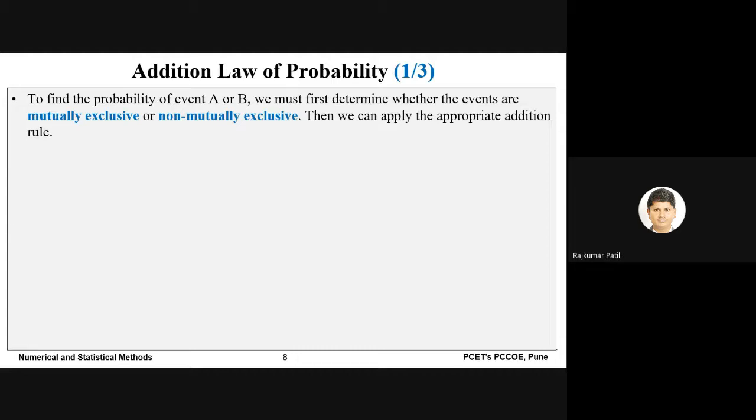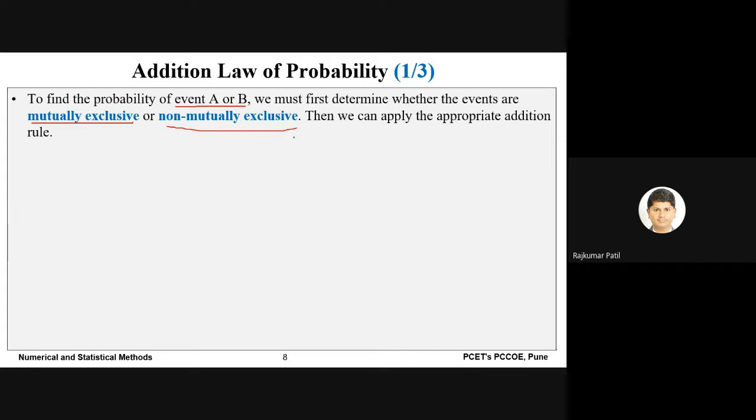In order to define several laws of probability or concepts, generally we will be taking two events, namely event A and event B. Suppose there are two events, event A and event B, and if we want to find the probability that event A or event B occurs, then we must first determine whether the events are mutually exclusive or non-mutually exclusive.